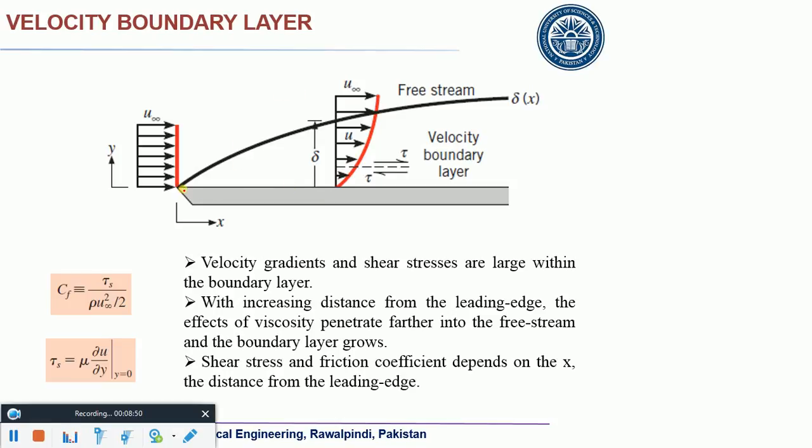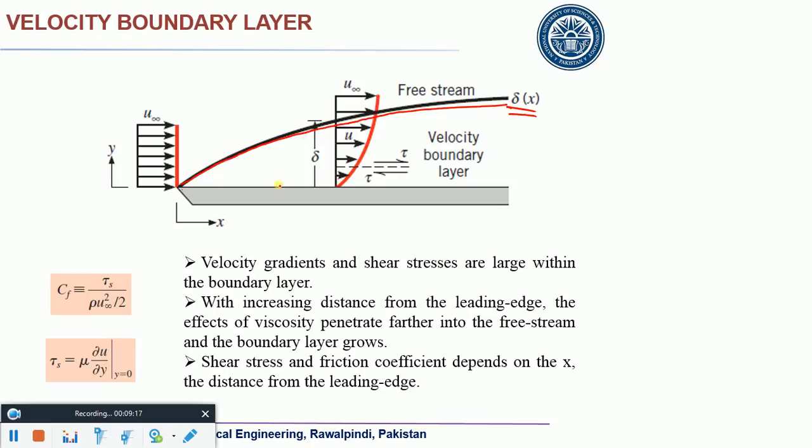So what you can see is, if there is a hot object, or it can be any solid surface, and the flow is coming onto it, there would be a velocity boundary layer just like this one. It would have that parabola kind of shape, and this is represented as delta x. The thickness of the velocity boundary layer is delta x.